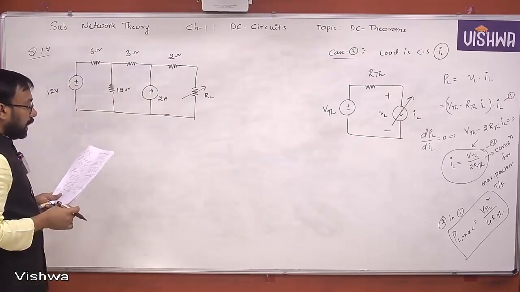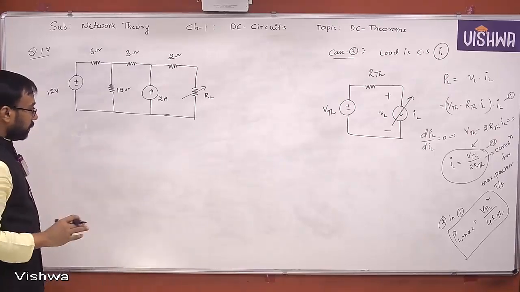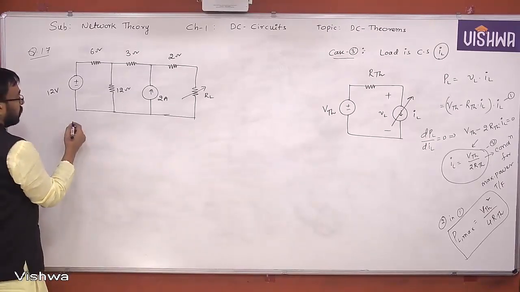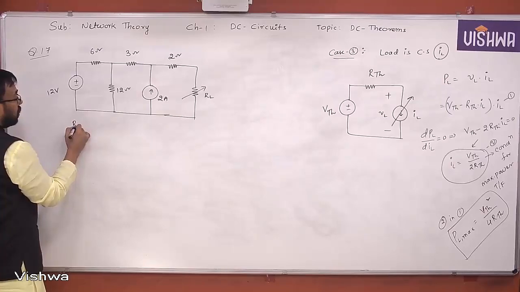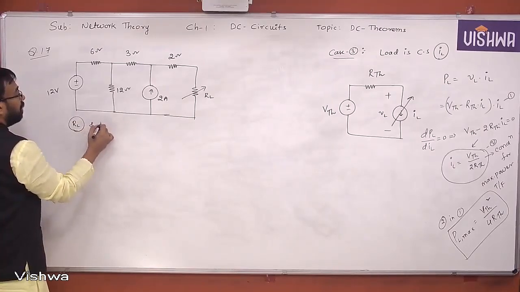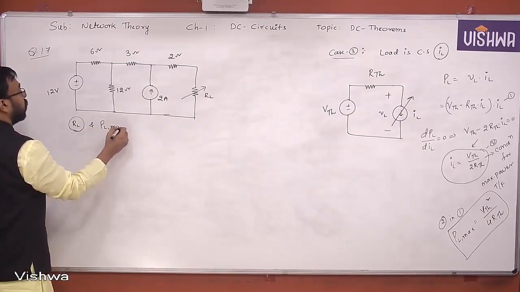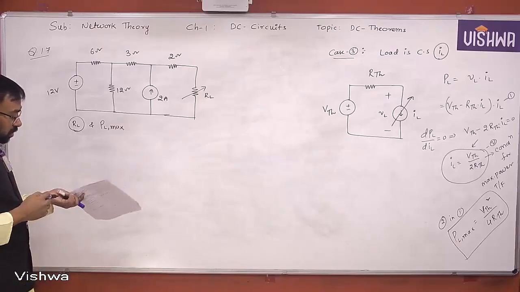Okay, and also find the maximum power value. He's asking for both the maximum power transfer condition and PL max. Yes or no? So let us try to solve it.